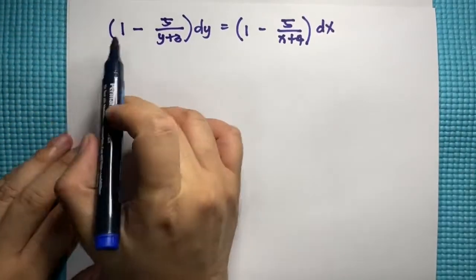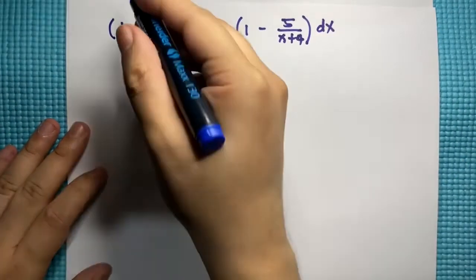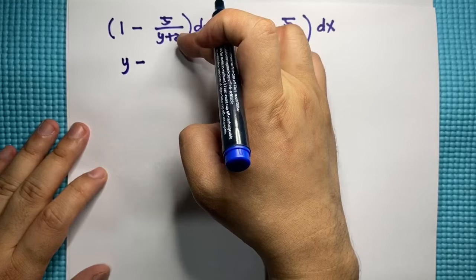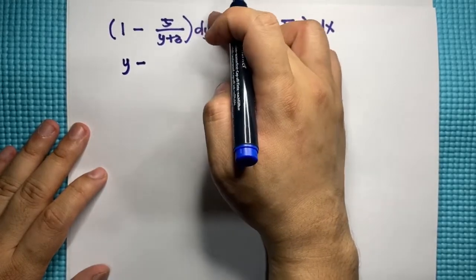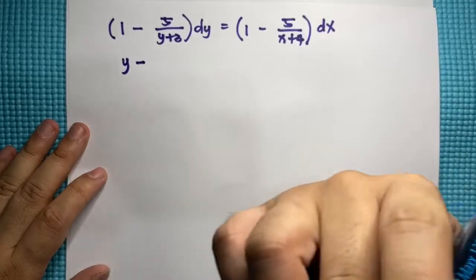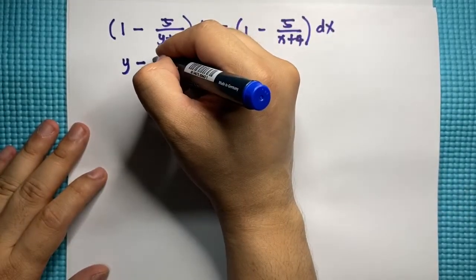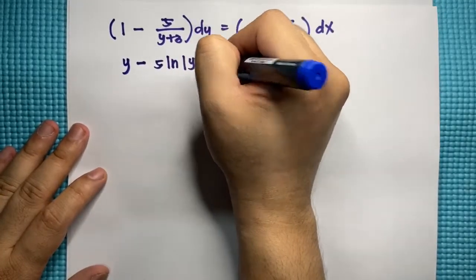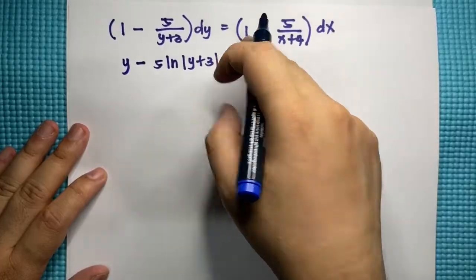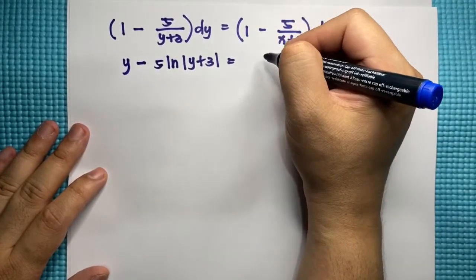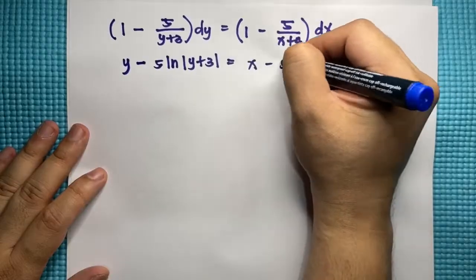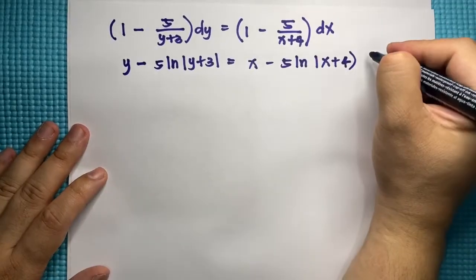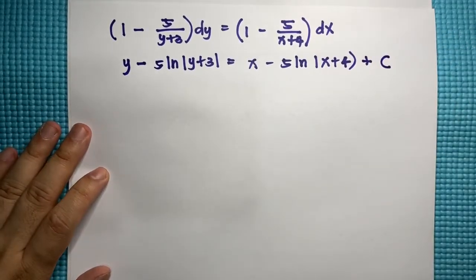To integrate both sides, 1 times dy is just dy, so the integral of dy would be y. And since our denominator is only y plus 3, its derivative is dy, which is our numerator. So this would be equivalent to negative 5 ln of y plus 3. And that would be equal to the integral of 1 dx, which is x, then minus 5 ln of x plus 4, and then plus c.